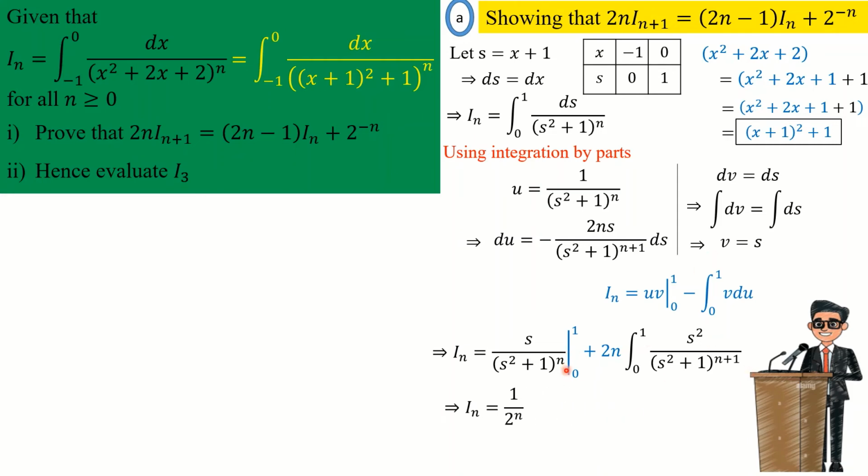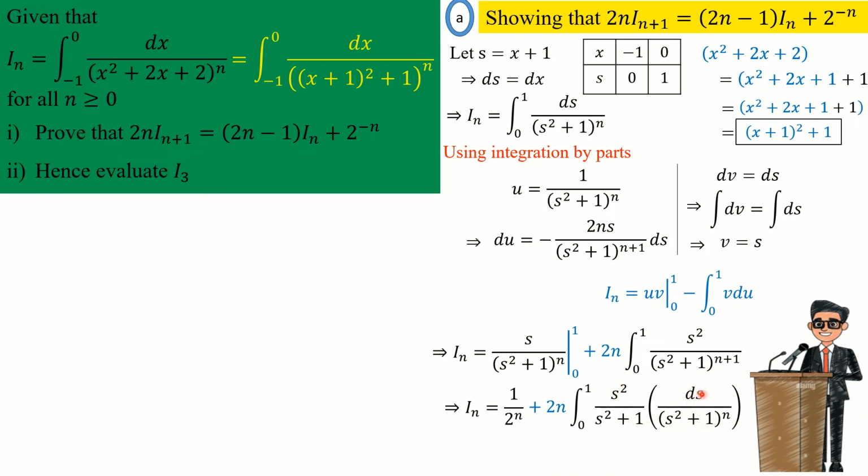So from here we can try to fit our upper limit, right? When we fit 1, we have 1 divided by 1 squared plus 1, which is 2, then to the n, 1 over 2 to the n. When we fit 0, we have 0 divided by 1 to the n, which is 0. So simply this gives us 1 over 2 to the n. Now here I'm going to rewrite this.